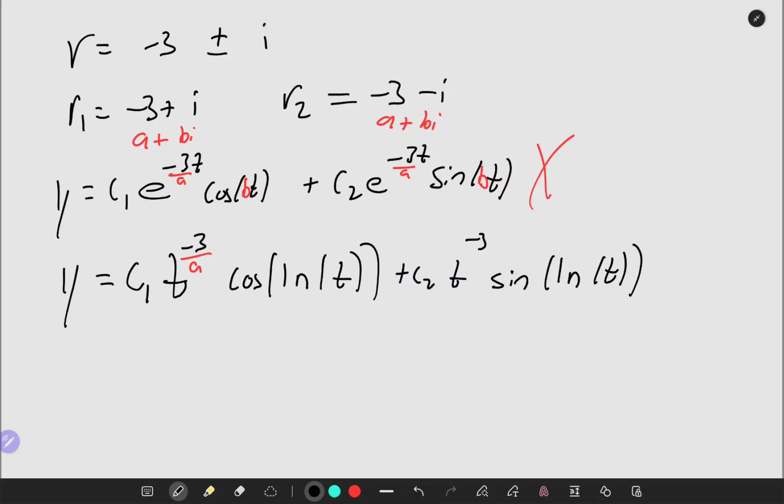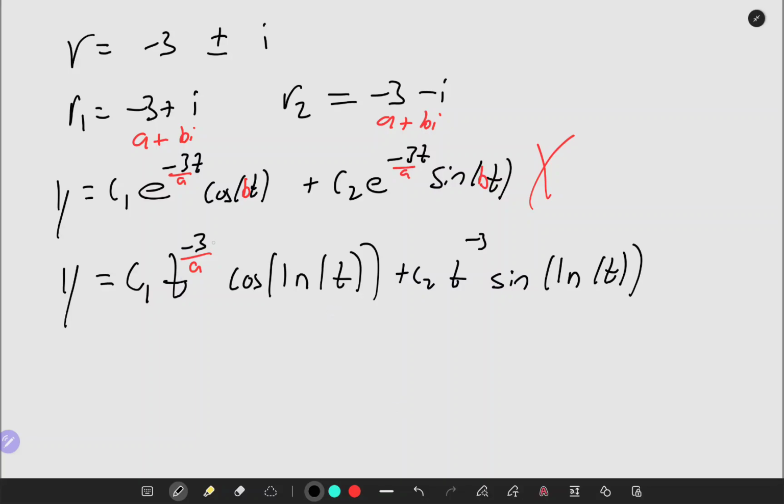So once again, I'm not too sure where the natural log comes from, but I just know that whenever you have a complex root with an Euler equation, you write it out like this with the natural logs on the inside. Other than that, everything's the same, except this e becomes a t instead.